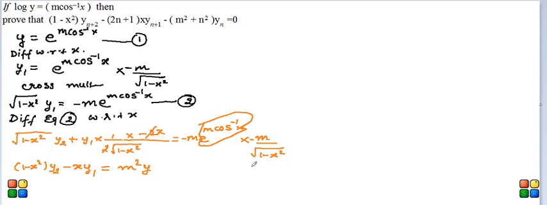After taking LCM, I can cancel this with total this. Root has become now square, so now it is without root over here. y2 minus xy1 is m square y, and thereafter I have cancelled these thing.